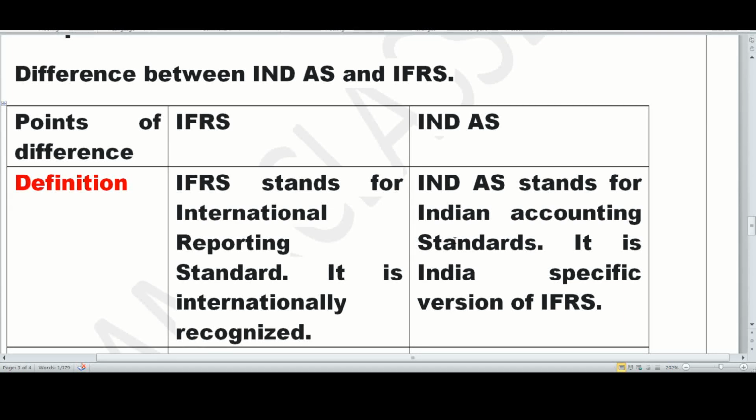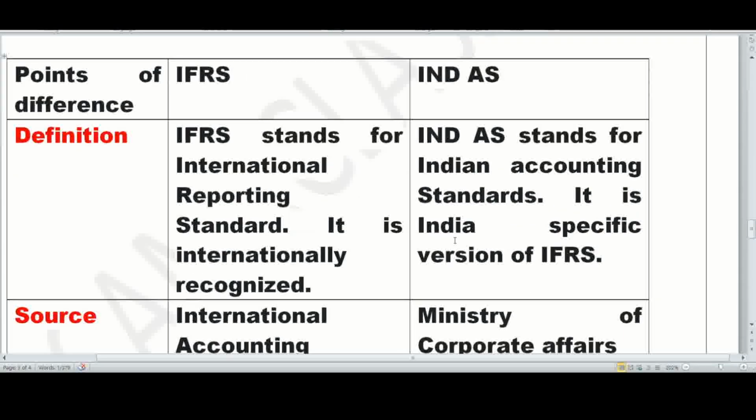The first point is the definition. IFRS stands for International Financial Reporting Standard. It is internationally recognized. Ind AS is specific, applicable for India. Indian corporates have to follow it. That is your Ind AS. Ind AS is nothing but an India specific version of IFRS.